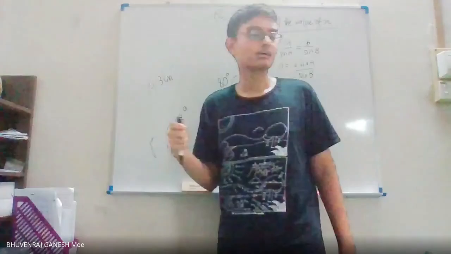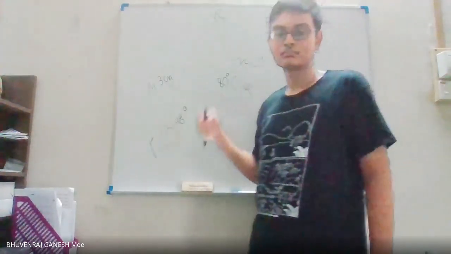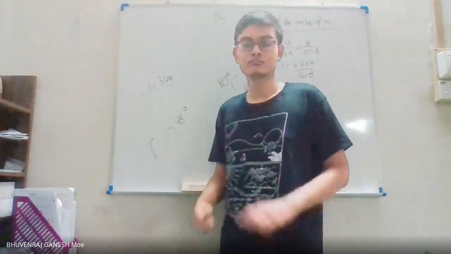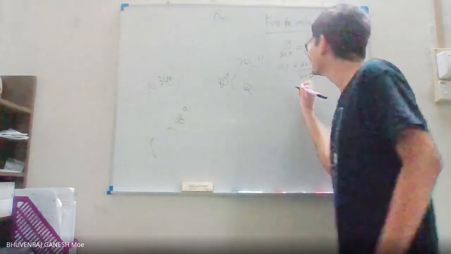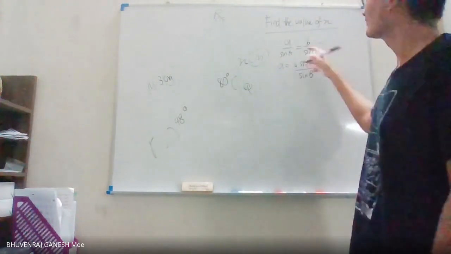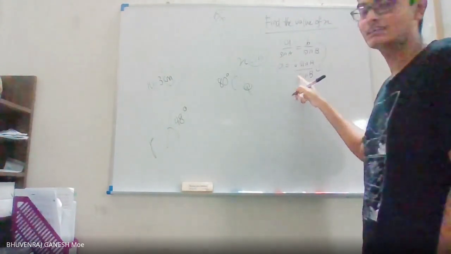A equals to what you said earlier? The earlier one you said before I write. A equals to B sine A over sine B. Okay, good. You actually modified the formula they gave in the formula sheet, and it is correct actually.